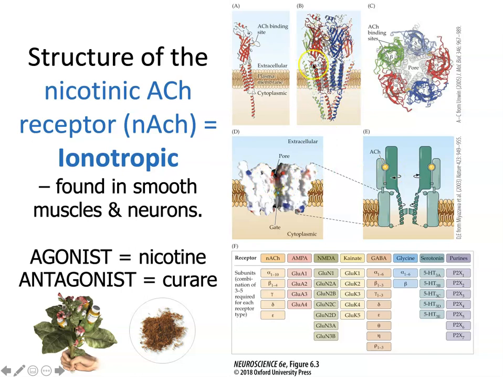Each of them has membrane spanning regions. They actually pass through the membrane, although it's hard to see here. There are 4 different membrane spanning regions, and they will form a pore that is in a conformation that is closed until acetylcholine binds. When acetylcholine binds, these portions of the channel will twist and open, and that will allow for passage of charge.